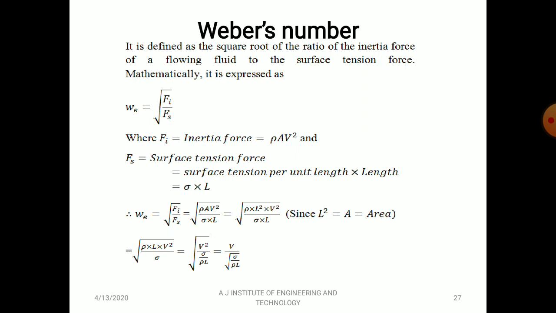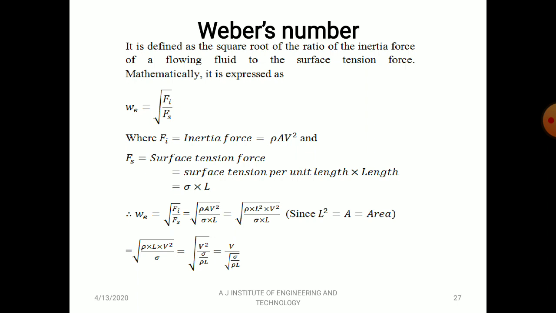So We equal to square root of Fi divided by Fs, that is equal to square root of rho A V square divided by sigma into L. There is no A term in the denominator, so in place of A you can write area.